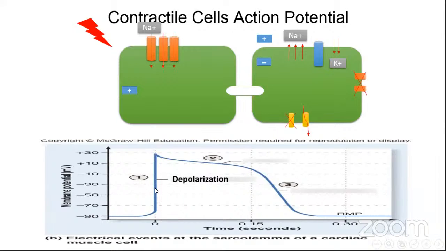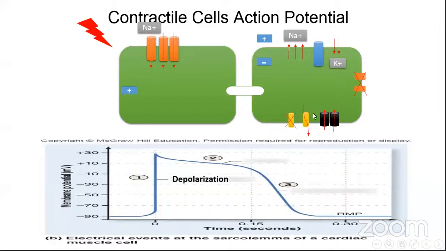Once the depolarization has occurred and reaches around positive 20, here the potassium starts to leak out. As the potassium leaks out, another channel, the last channel you have to be aware of, the calcium channel, starts to open up and calcium starts to get into the cell. Now we have positive stuff leaving the cell and positive stuff coming inside the cell.